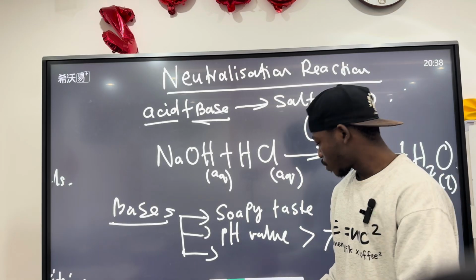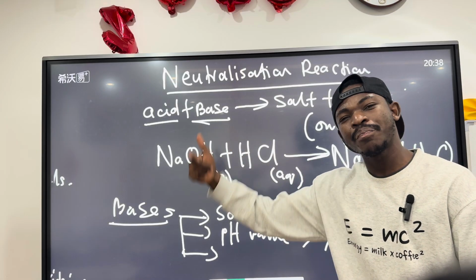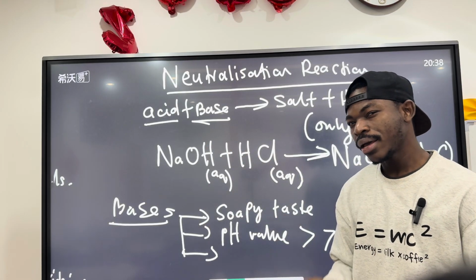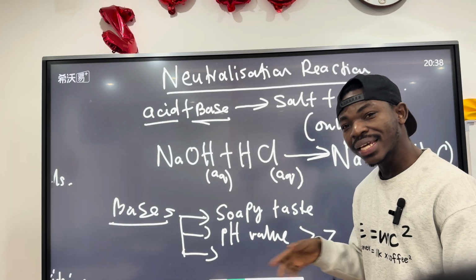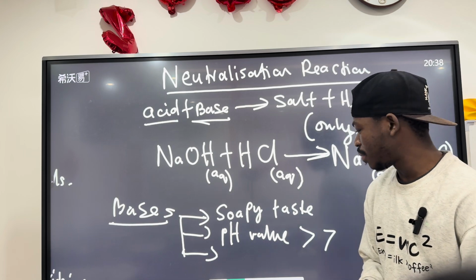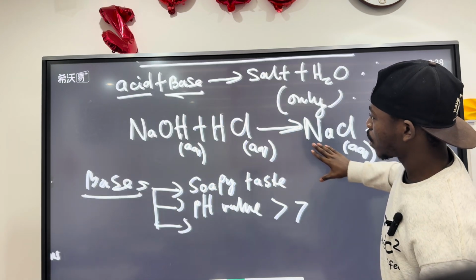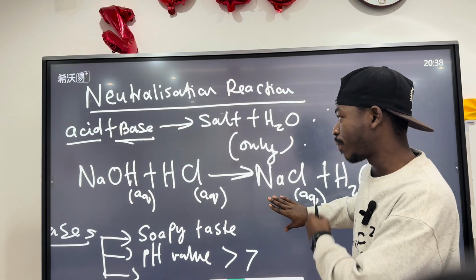But for bases, for alkalis, the higher the pH value, the stronger the base. The lower the pH value, the weaker the base. So that is what you also just want to know. So that is what we mean by neutralization reaction.